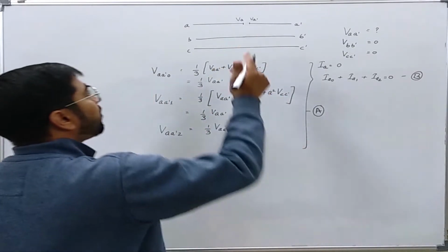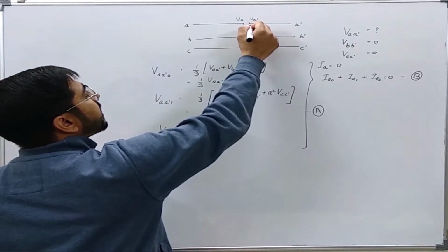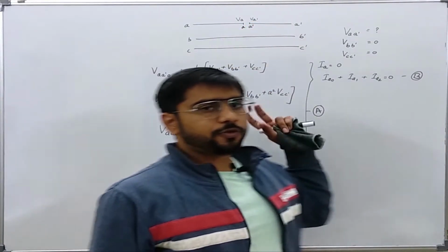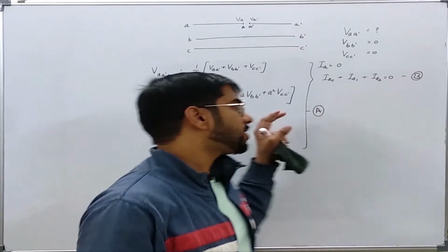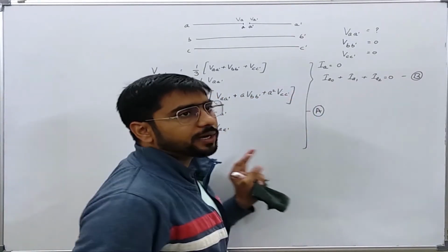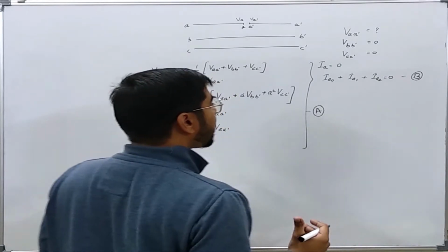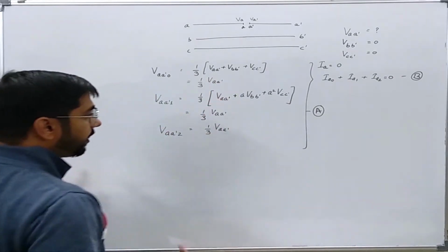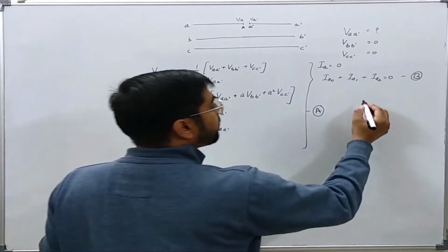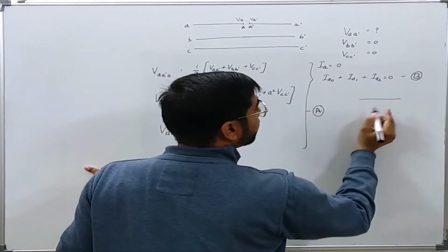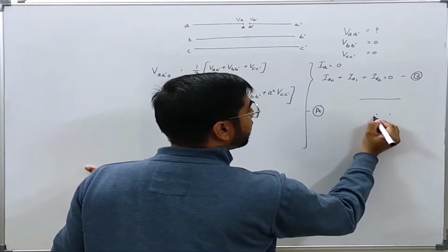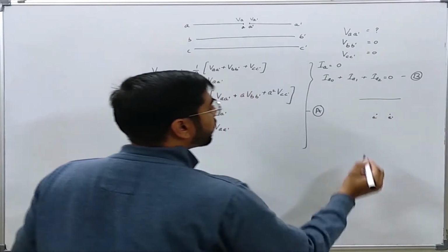So at this fault point, these are 2 points, A and A dash. Okay, so at this fault point, how to connect the various sequence components? These equations are trying to show us how to connect them. Now let us draw the equivalent circuit or the equivalent connection. Let us say this is the positive sequence circuit with A dash point.